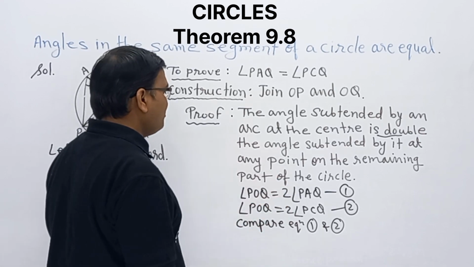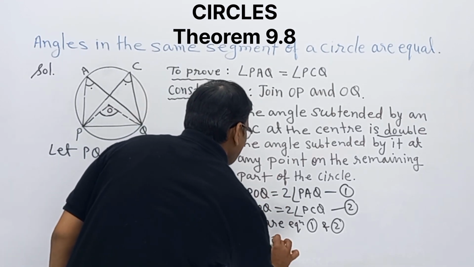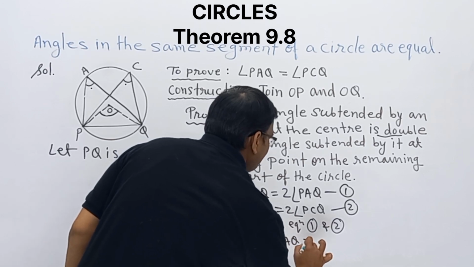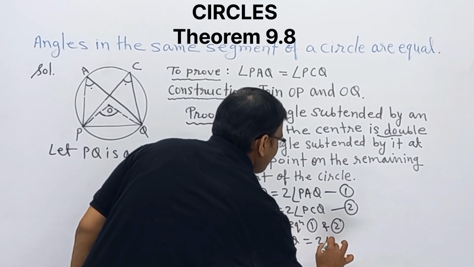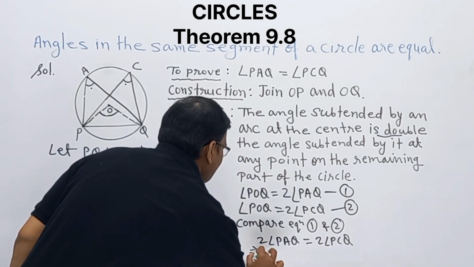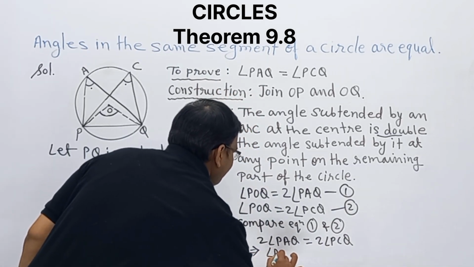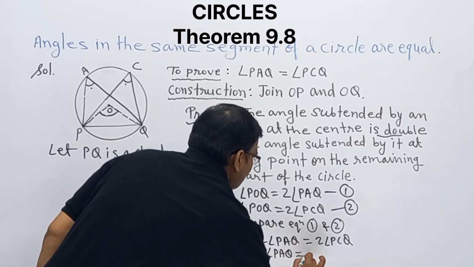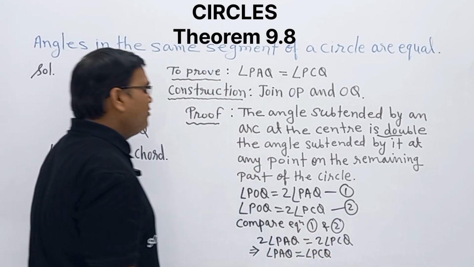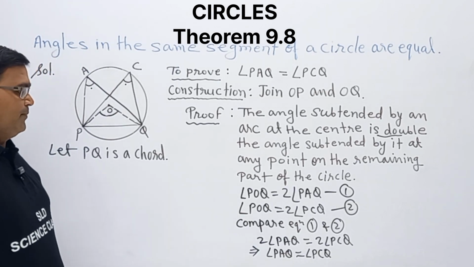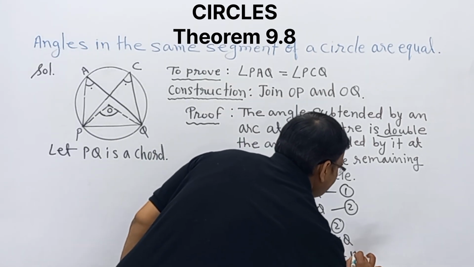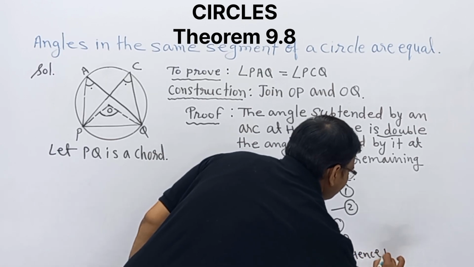So the right hand side will be equal: 2 times angle PAQ will be equal to 2 times angle PCQ. Finally, what can we say? Angle PAQ equals angle PCQ. This is what we wanted to prove, and we proved it. Hence proved.